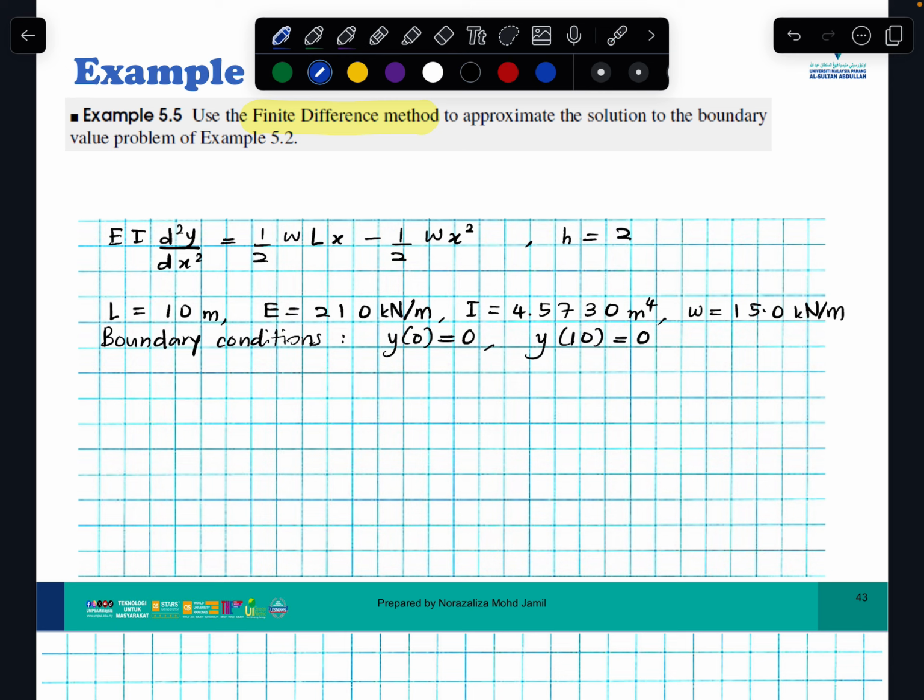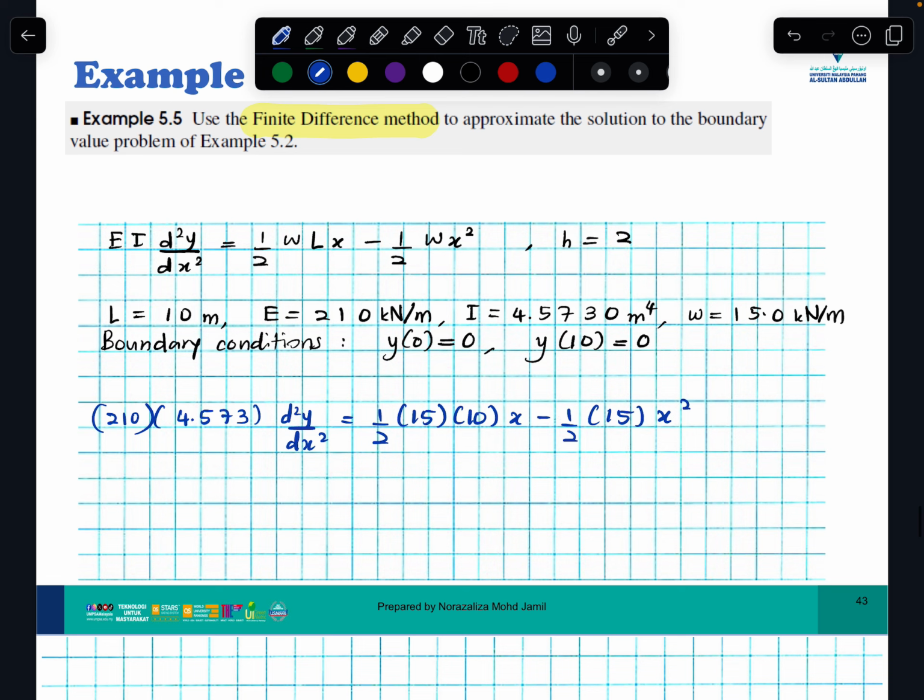So E is 210, multiplied by I, then we substitute the value of W, L, now by multiplying the values, you will obtain this.